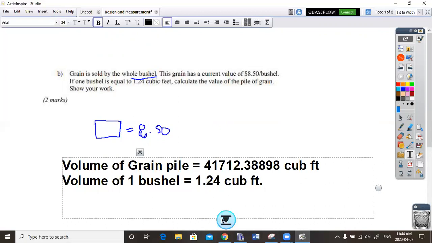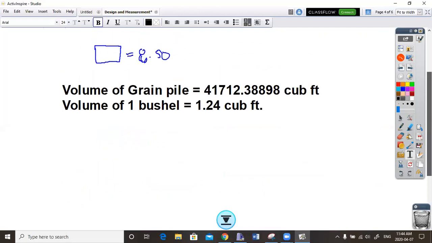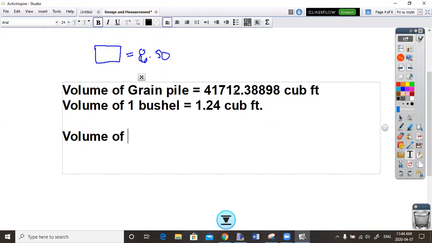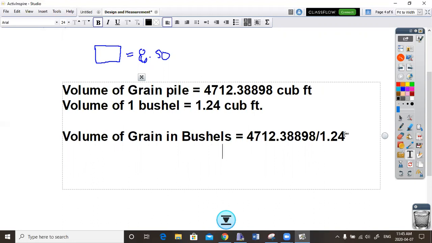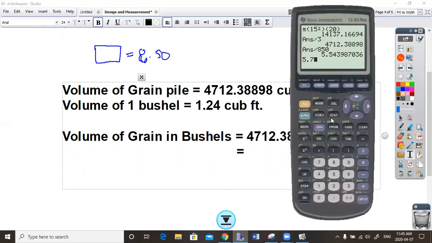So the way we do this is, the volume of grain in bushels will equal the 4712.38898, and we'll convert it to bushels by dividing by 1.24. And we'll get the number of bushels.